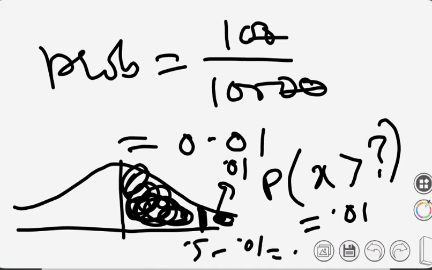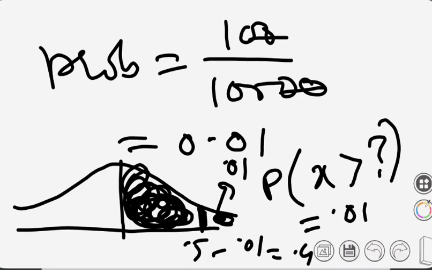That is 0.49. This area is 0.49. So in the table, you find out that value of z for which it is 0.49.